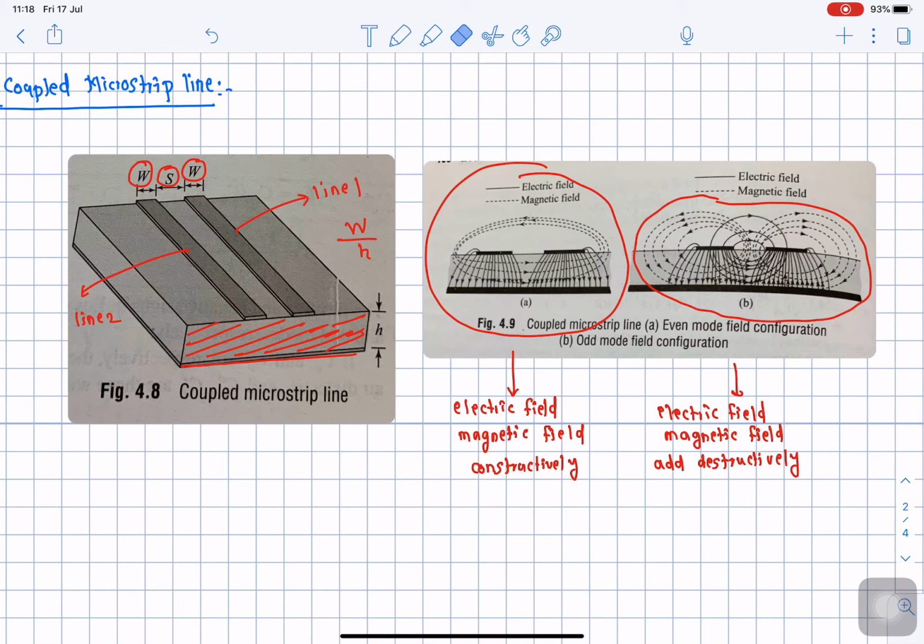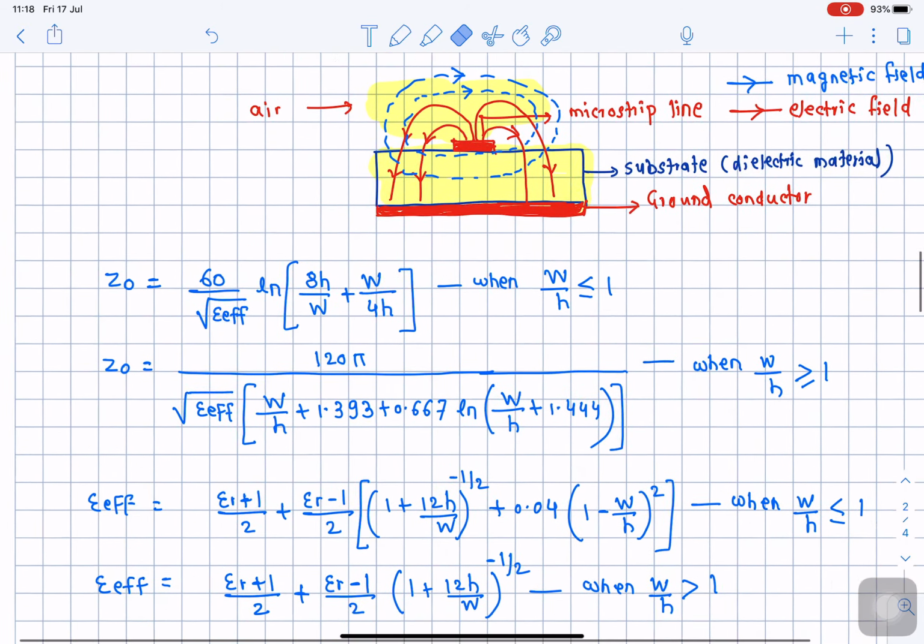So I hope that in brief we have covered all three special types of planar transmission line. We started with the strip line: construction, then field configuration, the empirical equation and the properties. Then we went ahead with the microstrip transmission line: working, construction, field configuration and empirical equation.